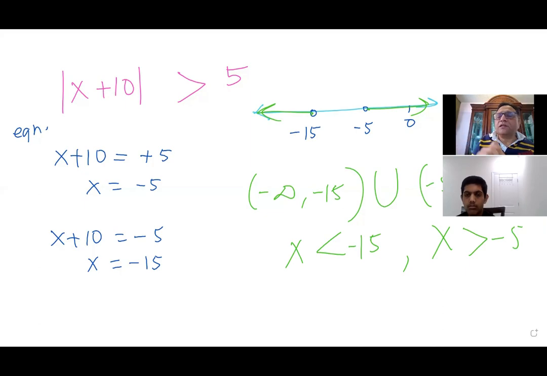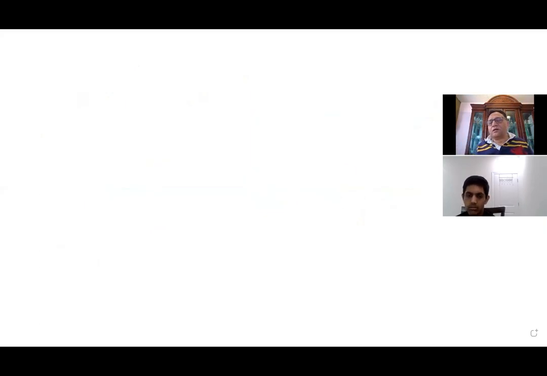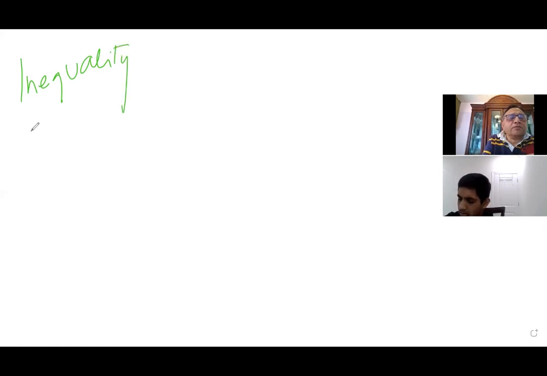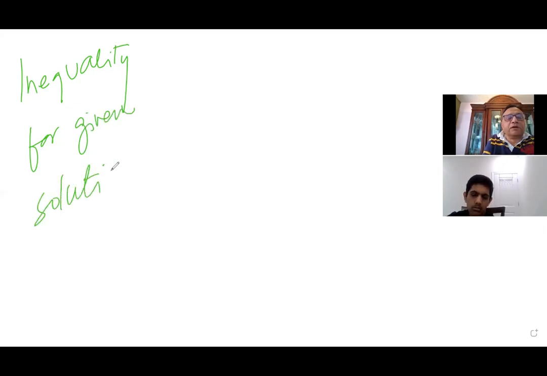And now let's clear this. Let's go back to our starting point. We started with a number line, and now you have to write an inequality for a given solution. Very important: working backwards. So this time, let me show you the solution.